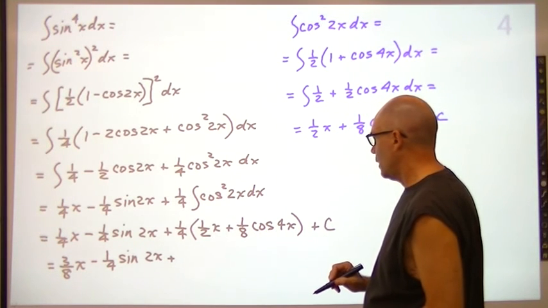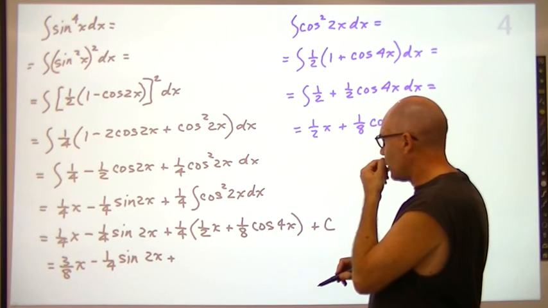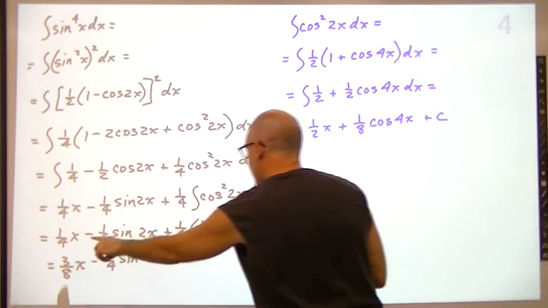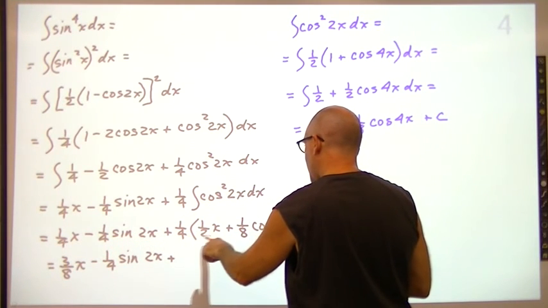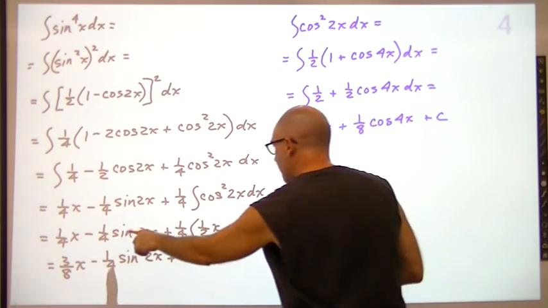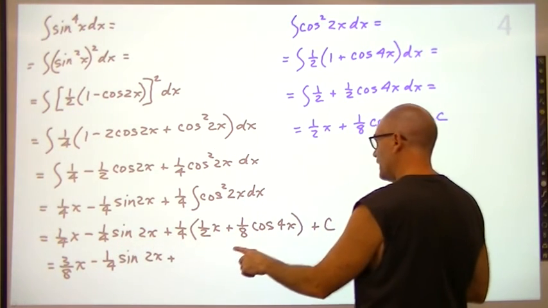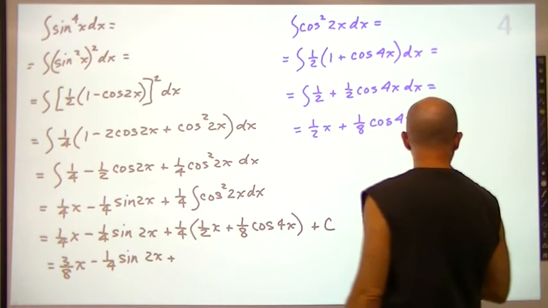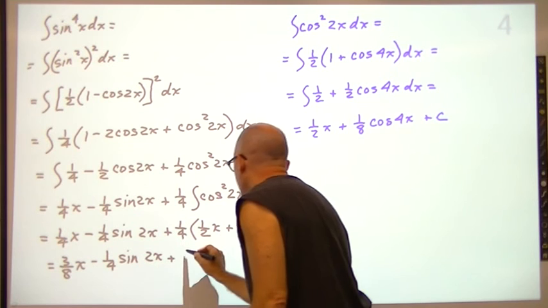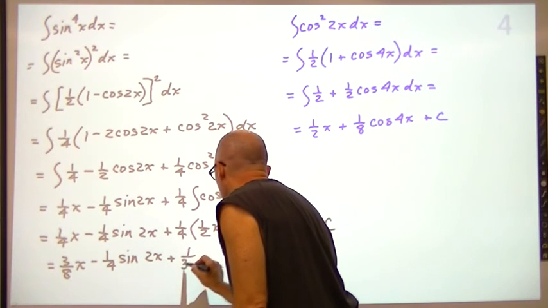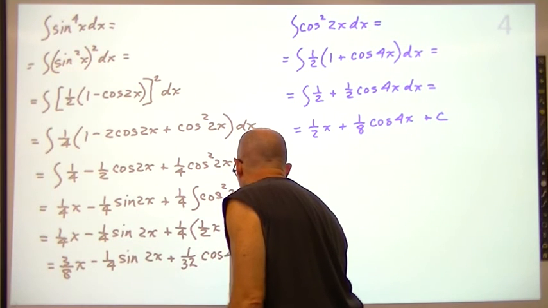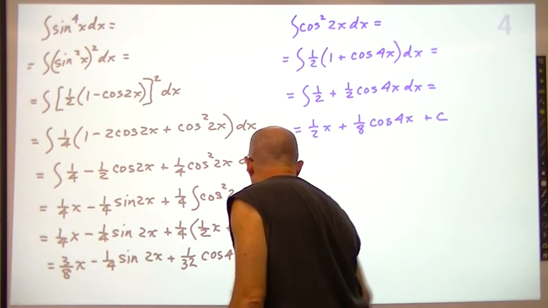Now, let's add up what we have. We've got 1/4 x plus 1/8 x is 3/8 x. Now we've got minus 1/4 sine 2x, which is right. Now we've got plus 1/32 sine 4x plus c.